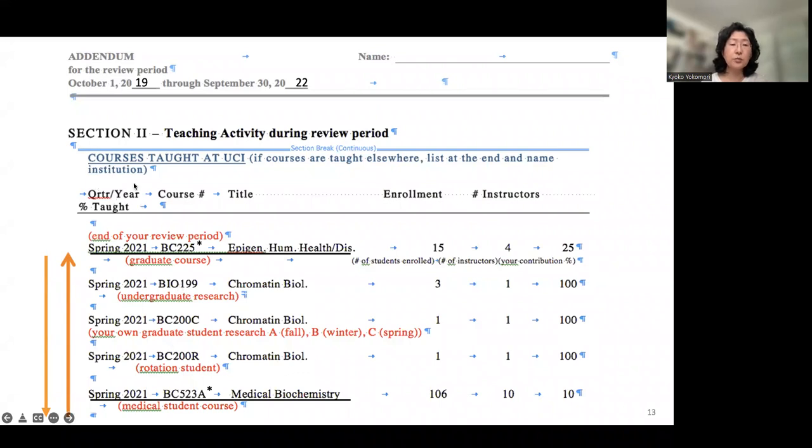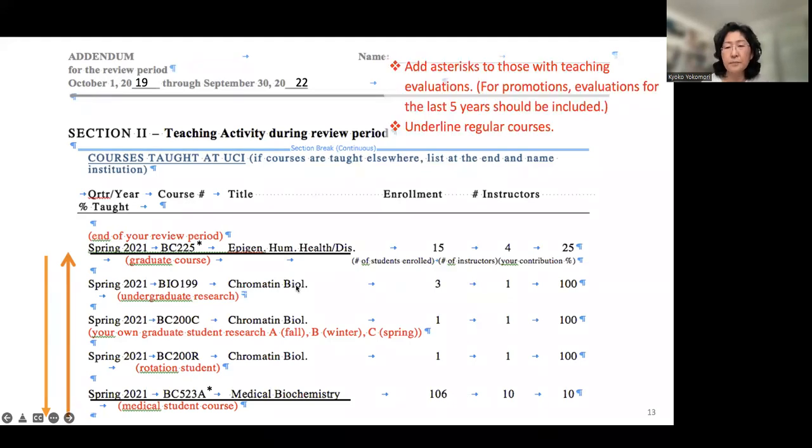Make sure you provide all the information asked at the top: the quarter and year, course number and title, the number of enrollment, the student number, and the instructors and percentage breakdown. For example, if your course was taught by 4 instructors, then your percentage contribution should be 25%. And again, it's in chronological order, newest at the top and oldest at the bottom, but if you already started going the opposite direction, it's still okay.